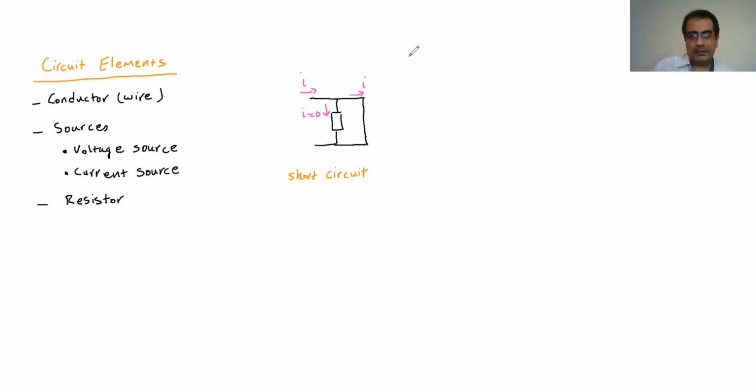The other case about the wire that we need to know is, again, consider the very same thing, but this time assume we have the wire that is not connected. It just comes to this point, but they are not connected.